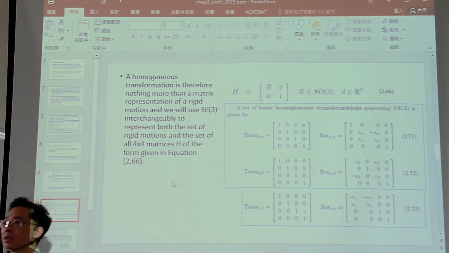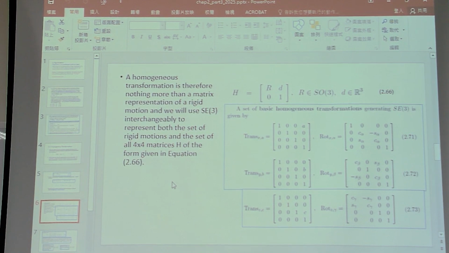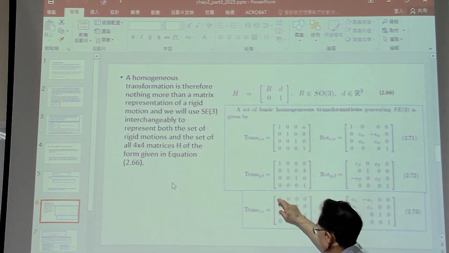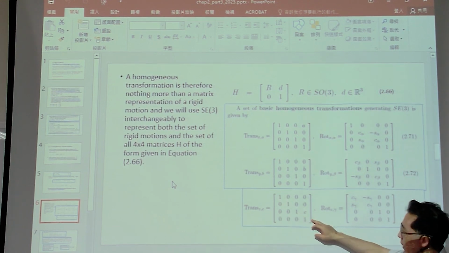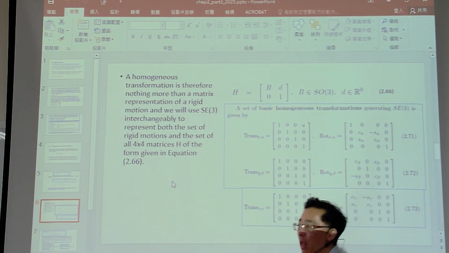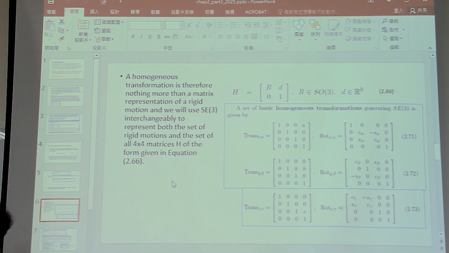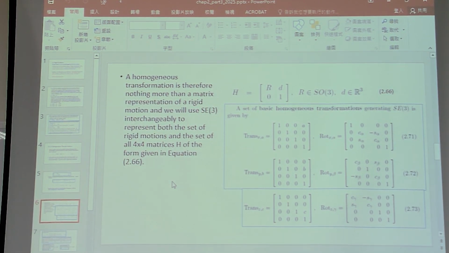So this is a transformation. You can see we expand the original 3 by 3 rotation matrix to 4 by 4. Then we can include everything. Later on, the DH form uses exactly the same form, but more condensed.